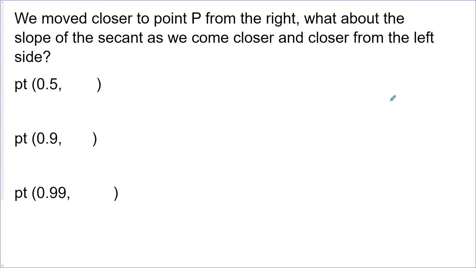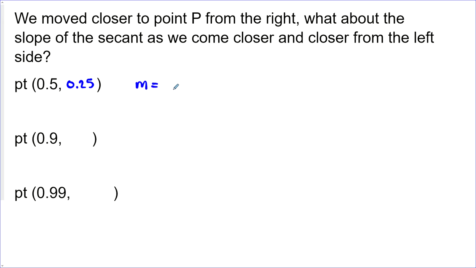What about if we move closer and closer to P from the left side? So I picked a point here, 0.5, so it's half a unit away. 0.5 squared is 0.25. That'll give us the coordinate of our Q to make our secant line. And we're doing the same thing.